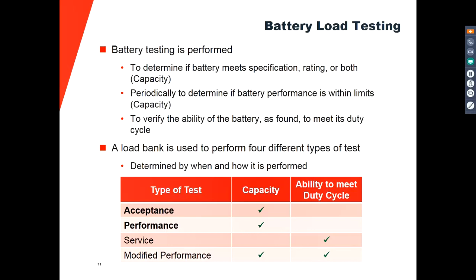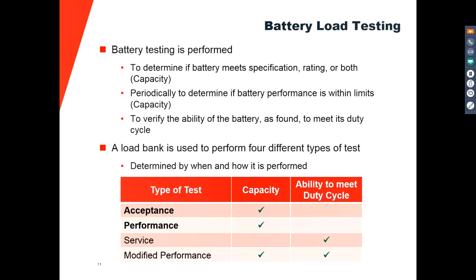Another reason you can perform the test is that you might not be interested in the total capacity of the battery. You just want to know if the battery is capable of supplying the load for the time that you need the load to be supplied.